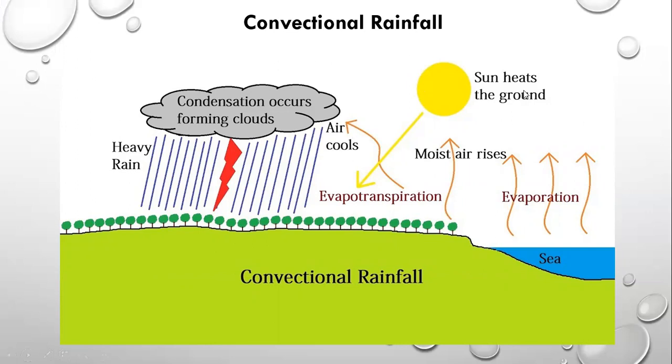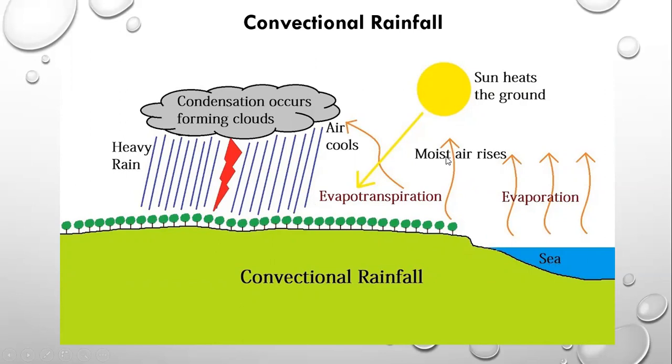When it is heated up, you discover that the water body will have water rising in form of water vapor through the process of evaporation. Also, the trees and other vegetation will lose water in form of evapotranspiration. So this water goes straight into the atmosphere.